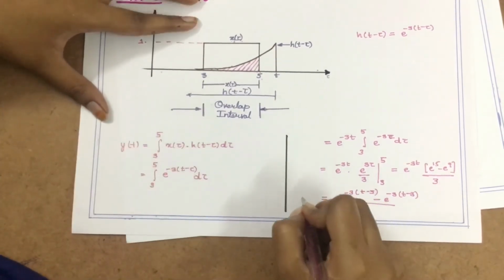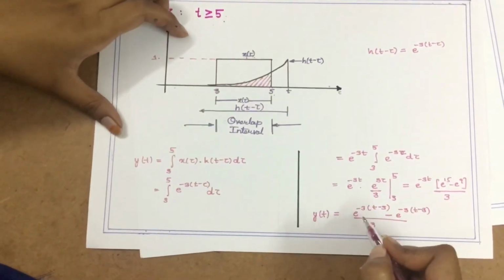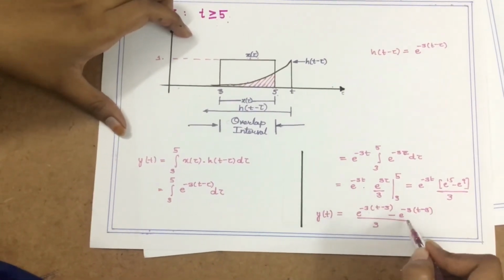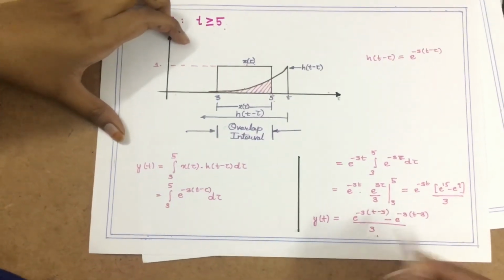Therefore, y(t) in the interval t greater than 5 is given by (e^(-3(t minus 5)) minus e^(-3(t minus 3))) divided by 3.